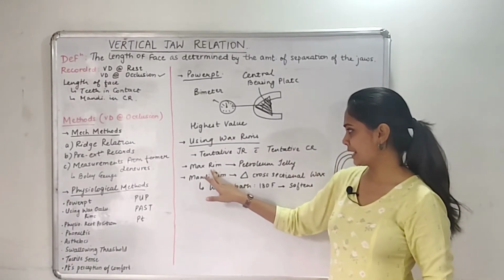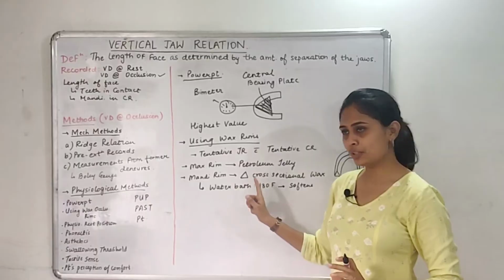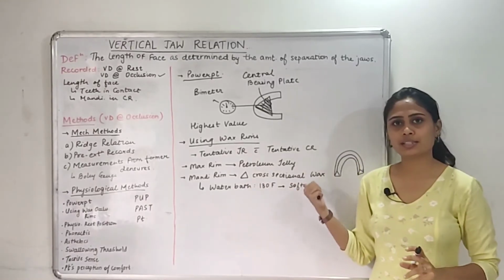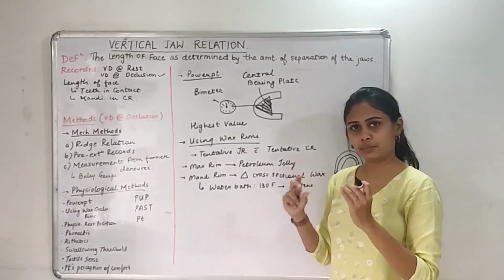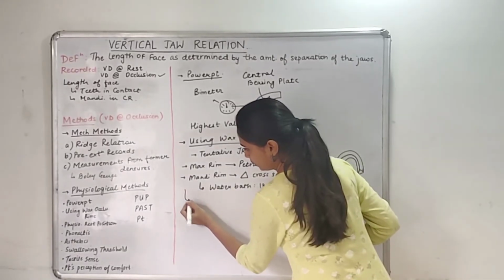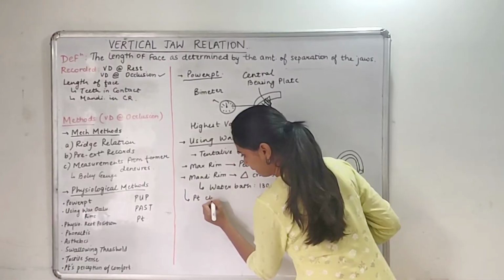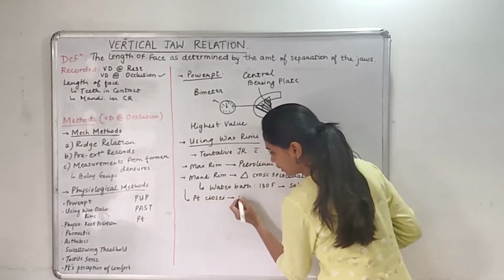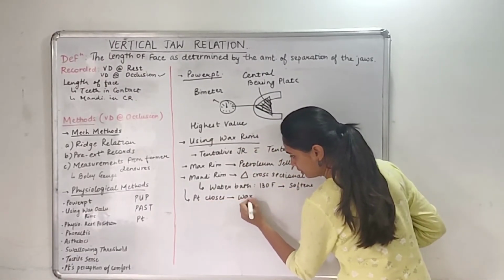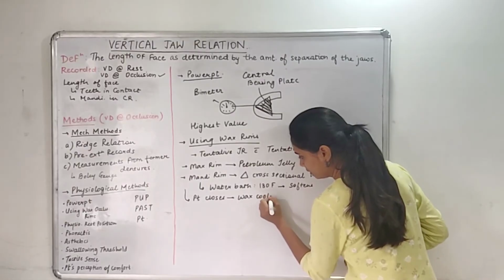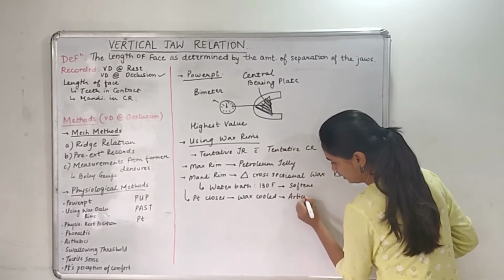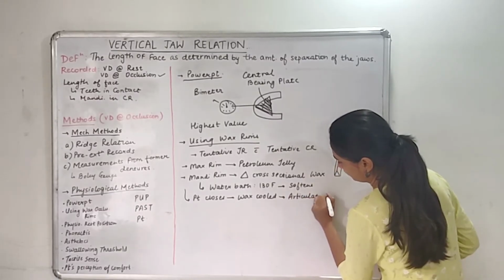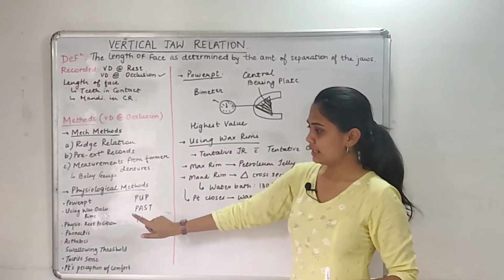So after the maxillary rim and the mandibular rim with the softened modeling wax are placed in the patient's mouth, the patient closes the mouth. The wax rims are cooled down, and then later this is articulated. So that is about using wax occlusal rims.